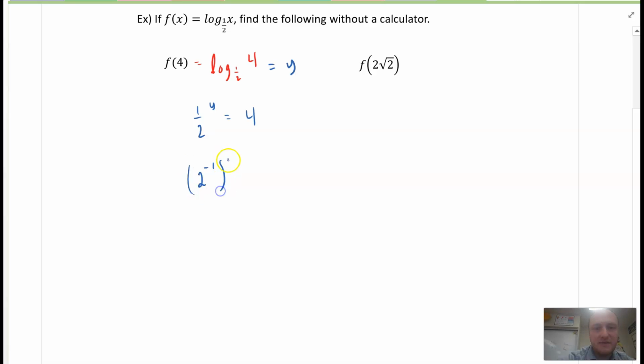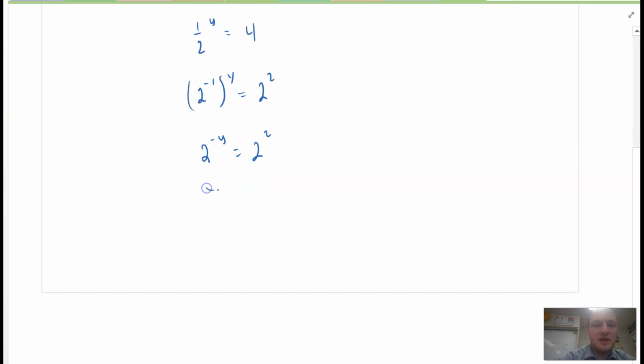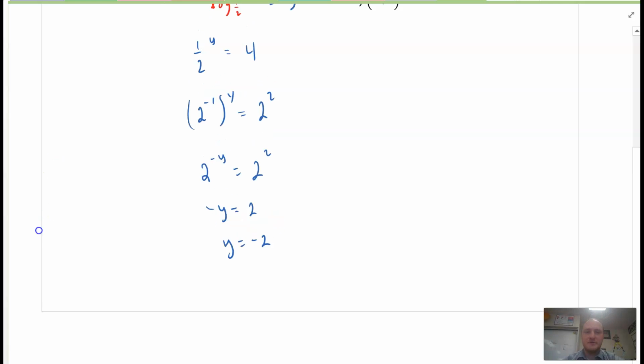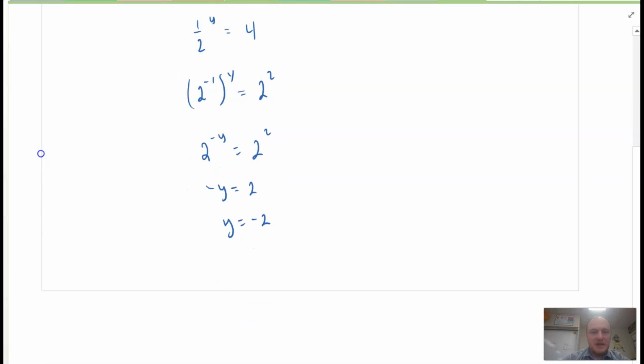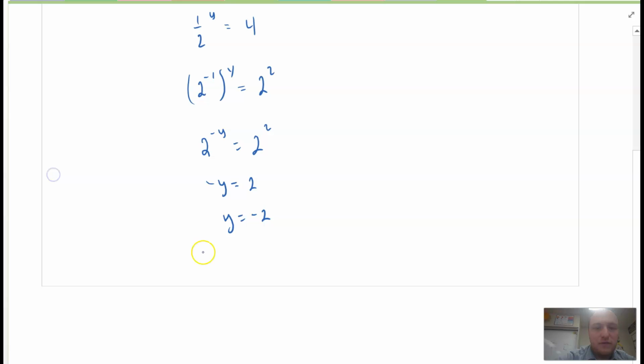So 2 to the negative first is equal to 2 squared. So 2 to the power of negative y is equal to 2 squared. So negative y is equal to 2. Thus y is equal to negative 2. So that means f of 4 is equal to negative 2.